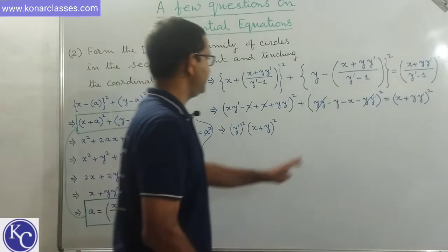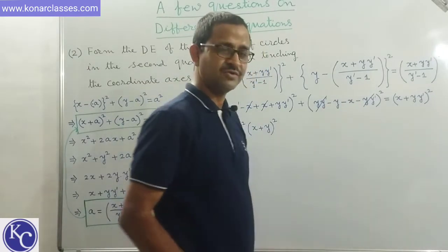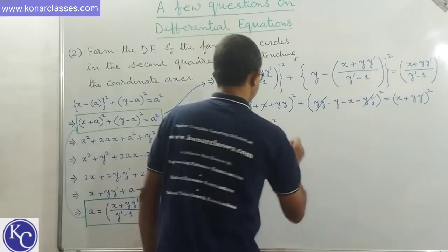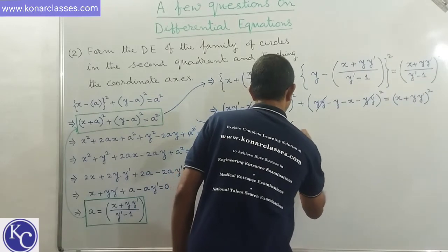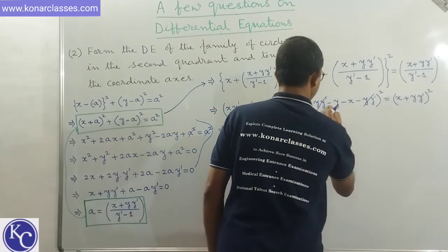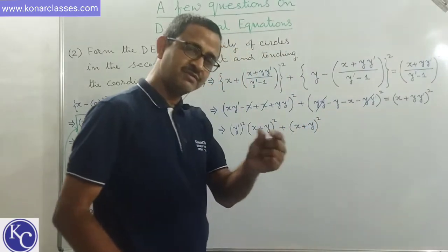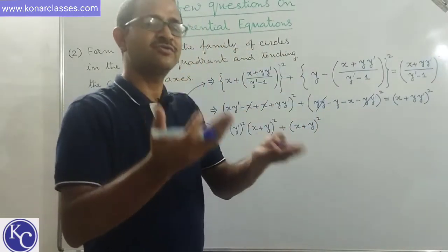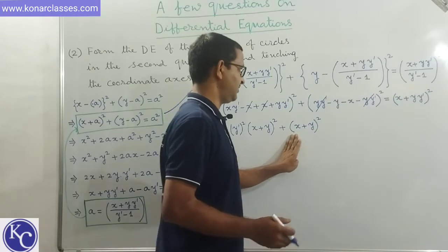Correct? And here (minus y minus x) whole square, that means (x plus y) whole square. So that is equal to (x plus y) complete whole square. If we take minus common, then minus of (x plus y) complete whole square, minus 1 whole square is plus 1, hence we get this one.